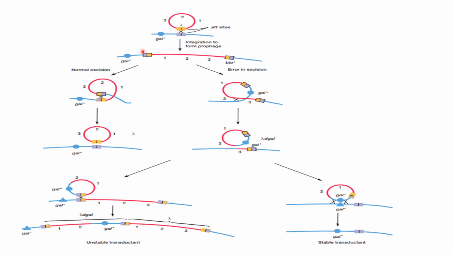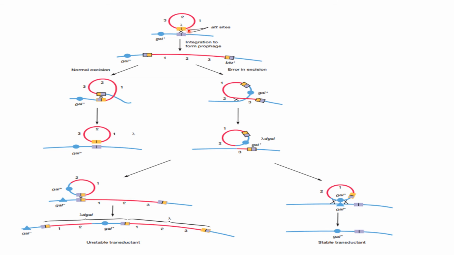Okay. Now, what has been shown here is, the red color circle is the phage gene and the blue color one is the bacterial gene. Once the phage gene enters inside the bacterial cytoplasm, as I said, in lysogeny, integration of the phage gene will happen inside the bacterial chromosome. This integration happens especially in a region called att site, present in both the phage genome and bacterial genome.